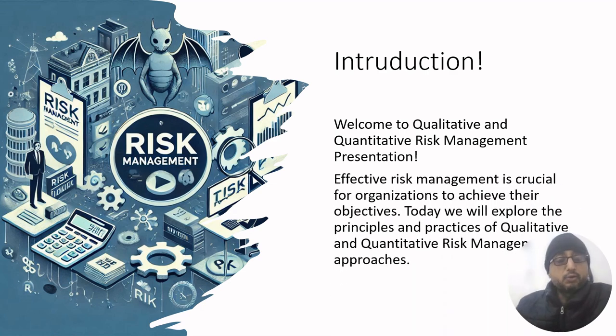We know that for an organization it is very important to make sure that its risk management processes are very effective, and it is very important for us to understand the different techniques that we adopt to make sure our risk assessments are suitable, sufficient and effective. In this context, these two approaches, qualitative and quantitative, are very important, and let's understand them.